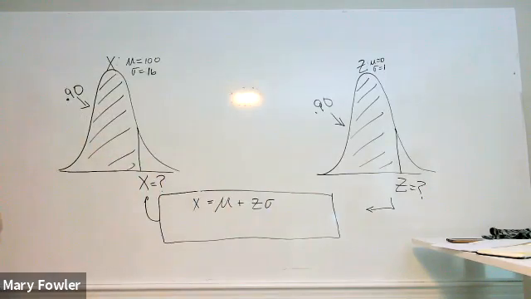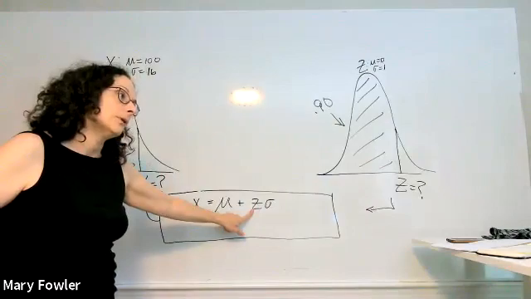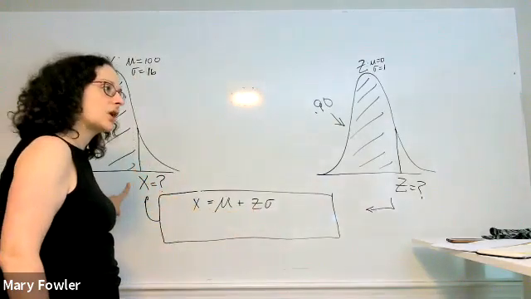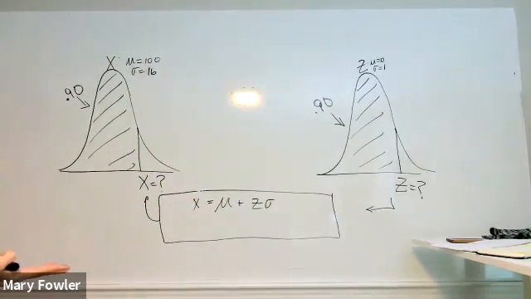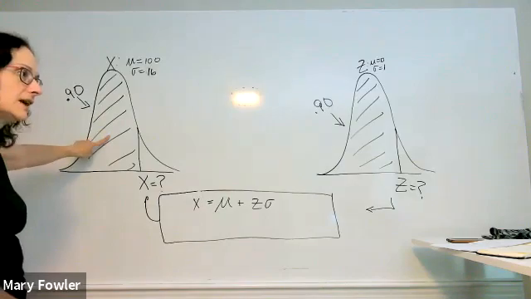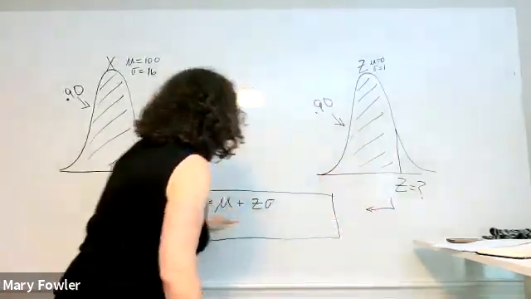Once I find my z, I put it in this formula, and out comes the desired x. So this is how to find a percentile: percentiles are left tails, find the answer in the z world and transform it back.